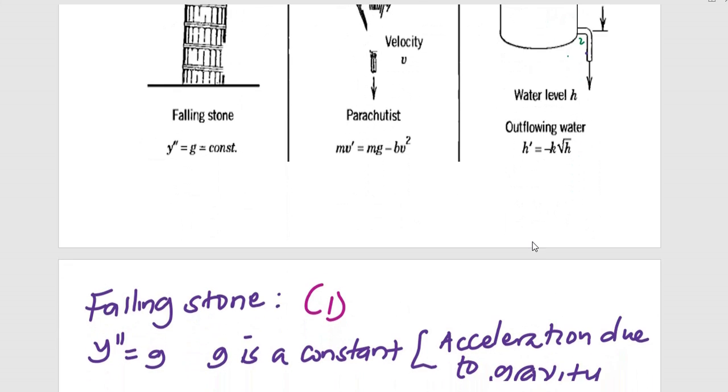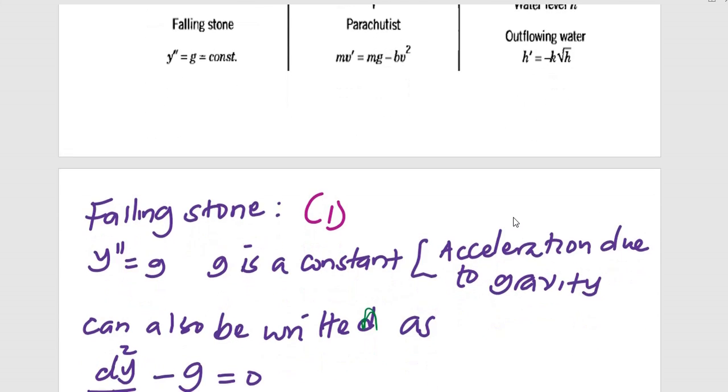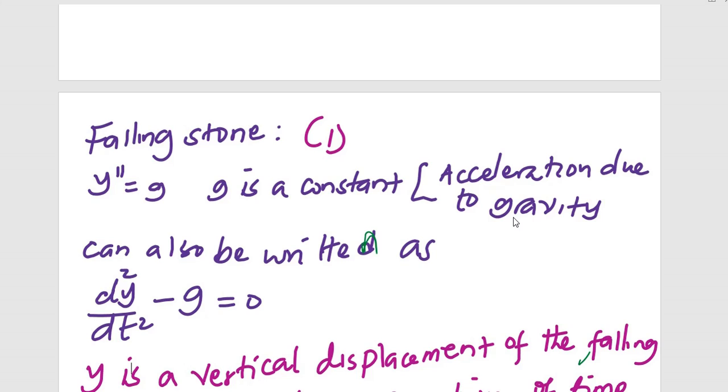So to explain the above scenarios in detail, a falling stone can be defined by a differential equation y double prime equals g, where g is a constant which is the acceleration due to gravity.